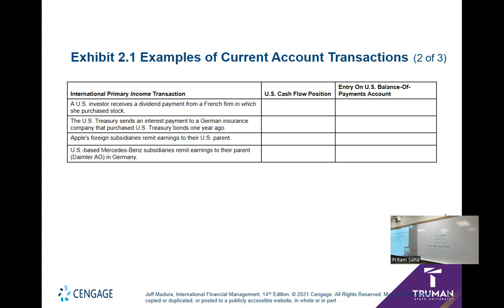Because it's our own business. We have subsidiaries. Outflow. Or just the opposite, right?